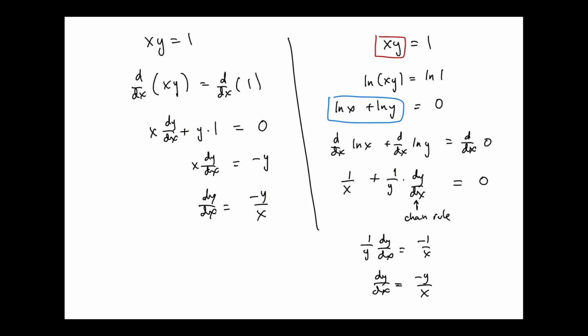By doing a little extra work at the beginning with the logarithm, we can actually save ourselves some trouble later by not having to deal with necessarily as much product rule type stuff. Okay. So does that kind of make sense?